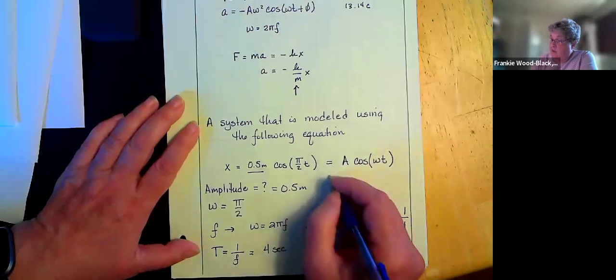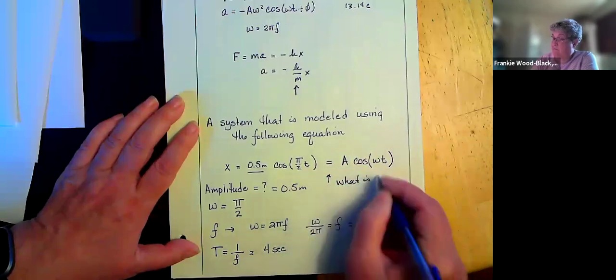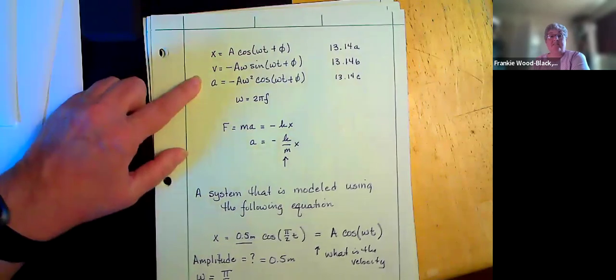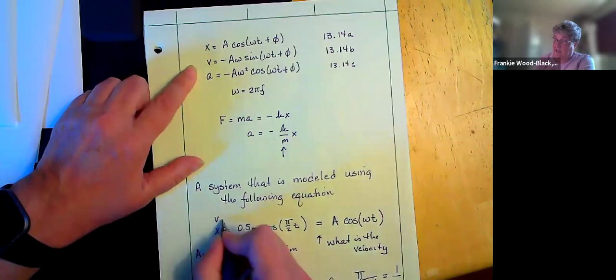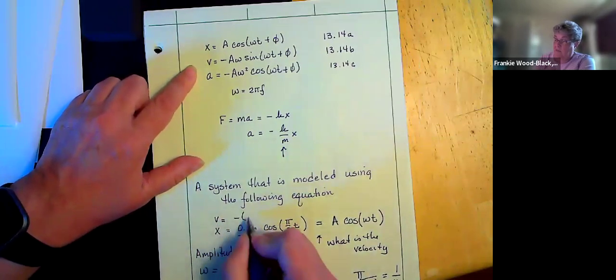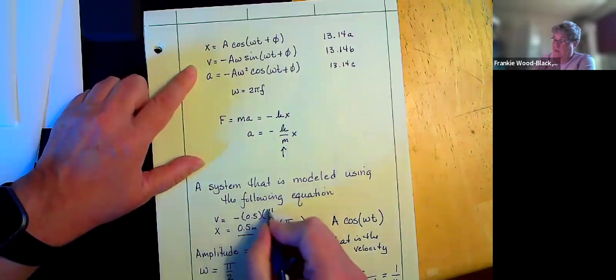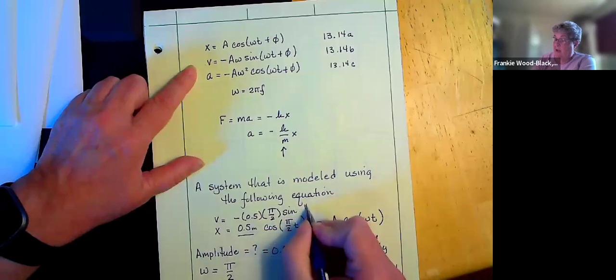I can also tell you now what's the velocity. Well, the velocity is going to be that right there, so I can plug in my numbers to give you velocity. So velocity is going to equal minus 0.5, my omega was pi over 2, sine pi over 2 t.